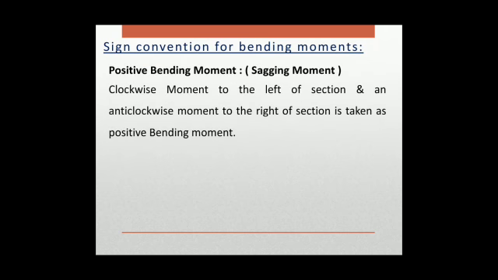Sign convention for bending moments. Positive bending moment, that means sagging moment. Clockwise moment to the left of section and anti-clockwise moment to the right of section is taken as positive bending moment. For better understanding, we see the diagram.